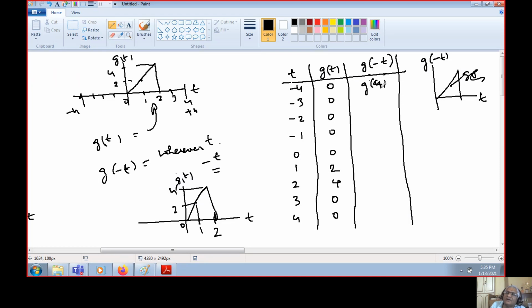What is g(4)? We can only tell what g(4) is from these particular values, because this is what is changing to g(-t). Now please observe, where is 4? 4 is here. This is g(4). What is g(4) now? g(4) is 0. So you can put this value as 0 here.